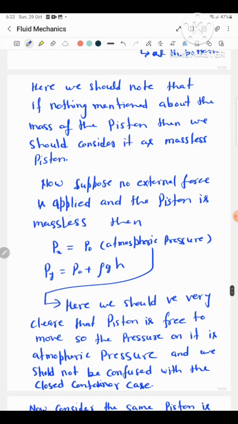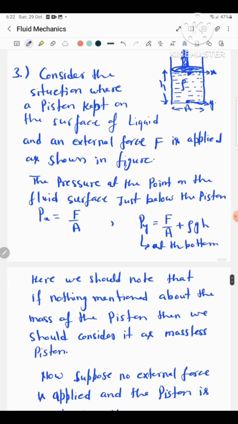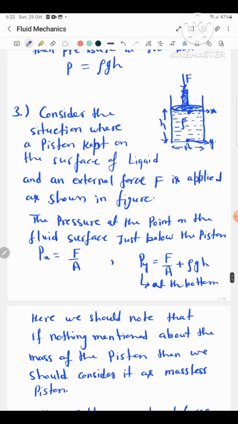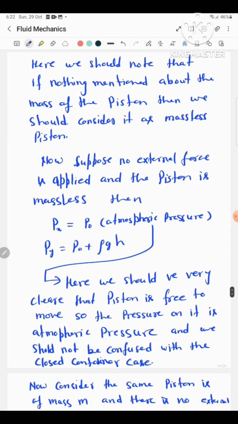So Px will be P naught, meaning the pressure will be equal to atmospheric pressure. So the Py will be P naught plus rho gh.